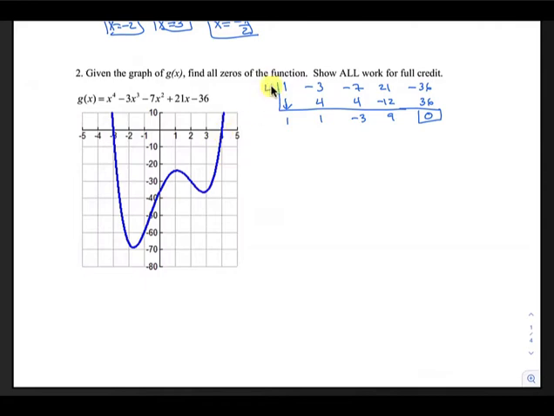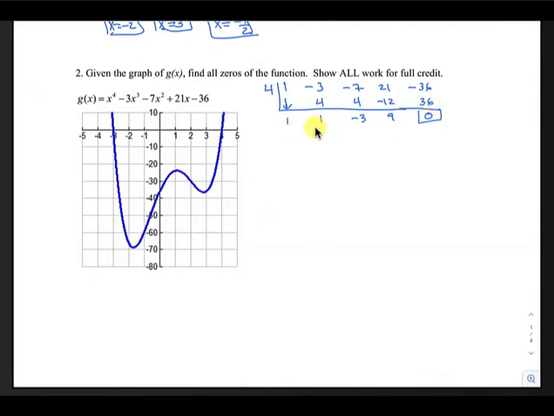All right, so we'll put positive 4 on the outside using the synthetic process. 1, negative 3, negative 7, 21, and negative 36 are our coefficients. We bring the 1 down, and 1 times 4 is 4, minus 3 is 1, times 4 is 4, minus 7 is negative 3, times 4 is negative 12, plus 21 is 9, times 4 is 36, and our remainder is 0.